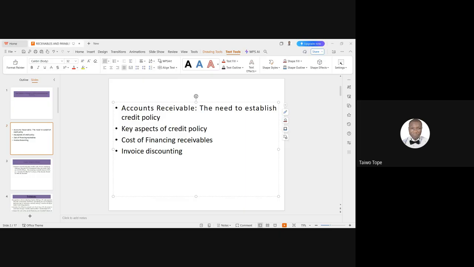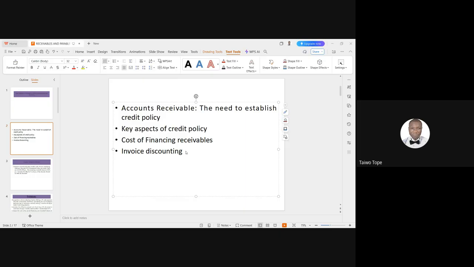Now, you look at your customers. What is their purchasing power? Are they creditworthy? This is also a factor that can determine your credit policy. And the issue of finance costs, as I've mentioned earlier, and the cost of credit control. As you give your goods to people, you are not just giving them like that.